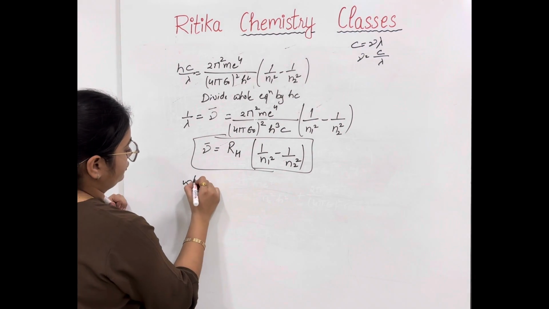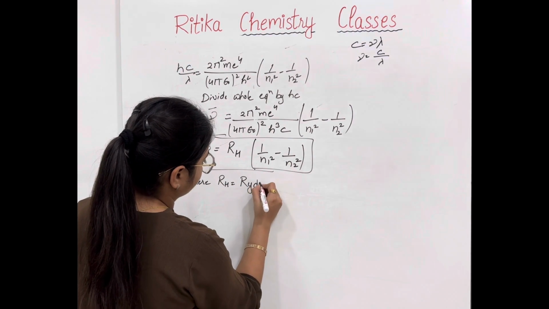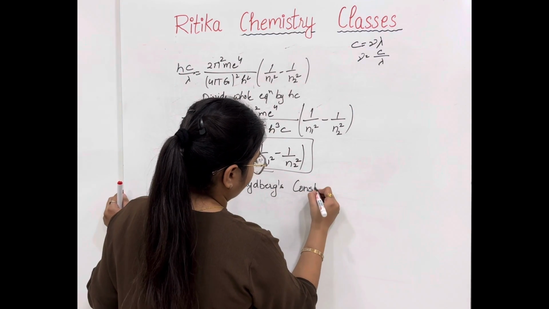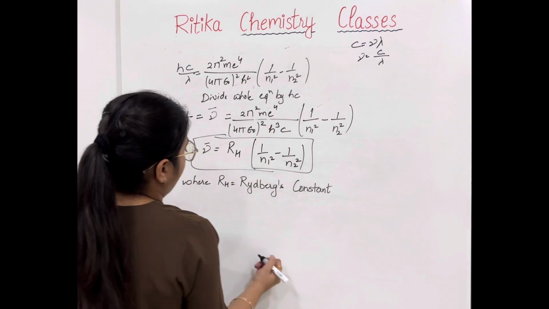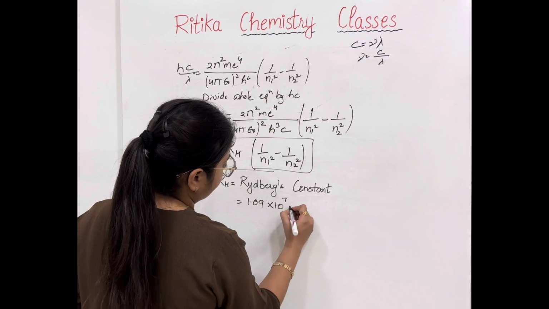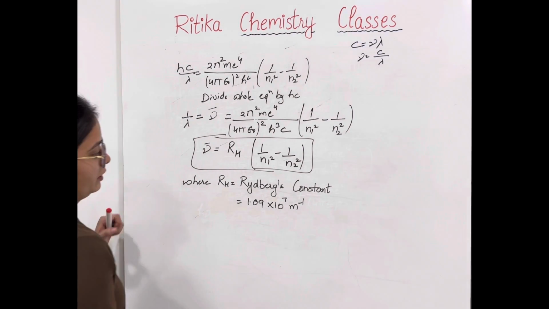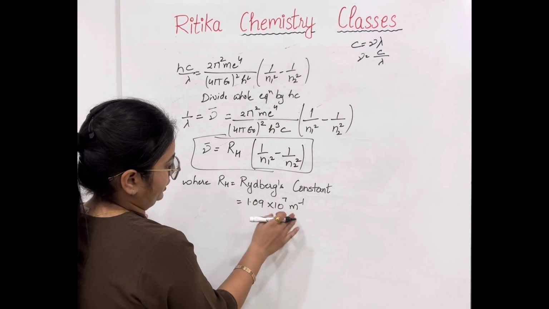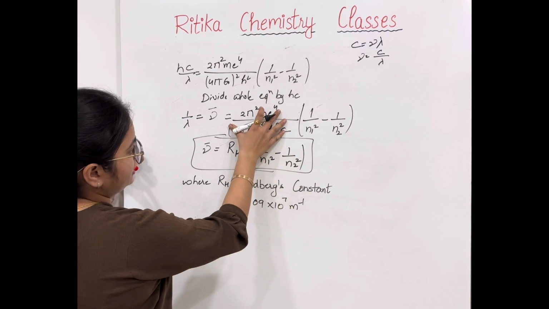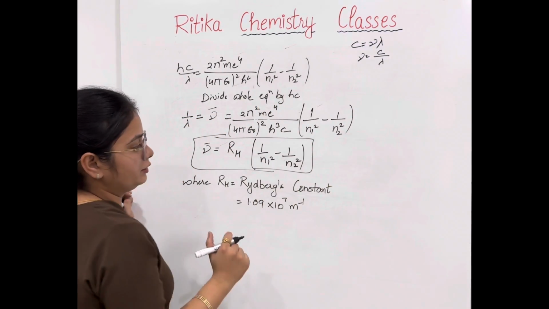Here RH is Rydberg's constant, and its value is 1.09 into 10 to the power 7 per meter. So if we want to see the units, this is Rydberg's constant RH. On the right hand side, we have n1 square and n2 square.